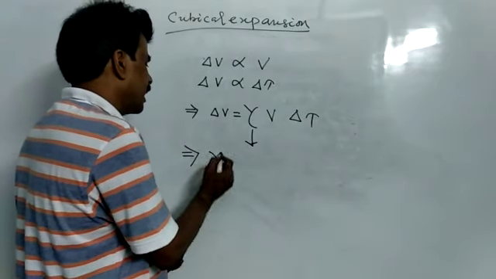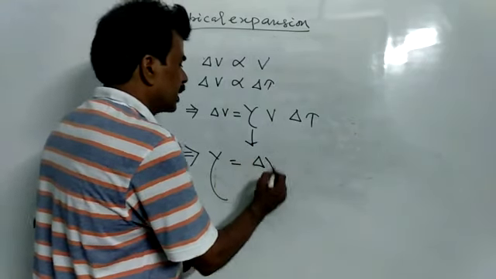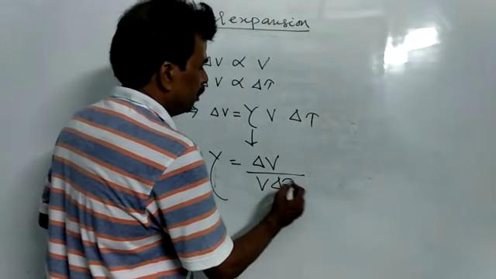So gamma is equal to delta V by V into delta T.